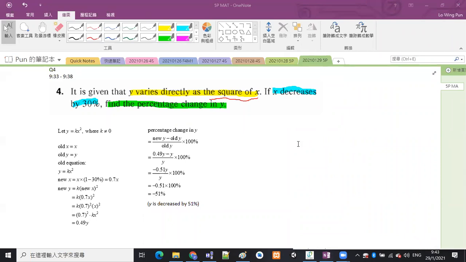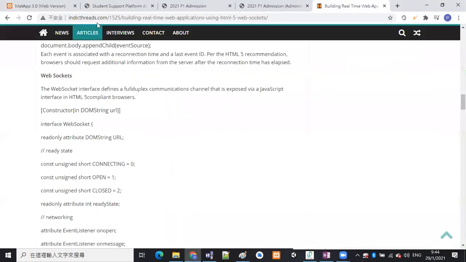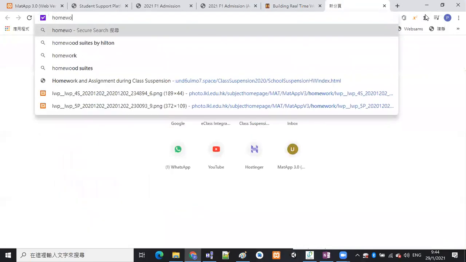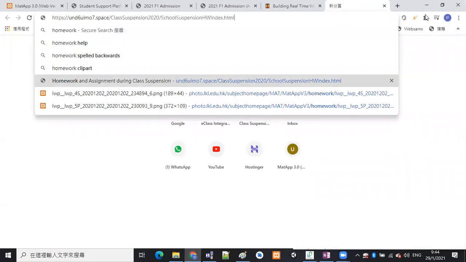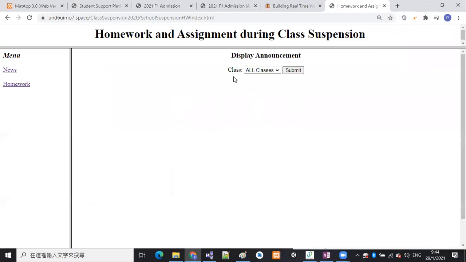Okay, some students asked me where they can find a Zoom recording. So it is here. You know this homework platform? Let me paste the link here.